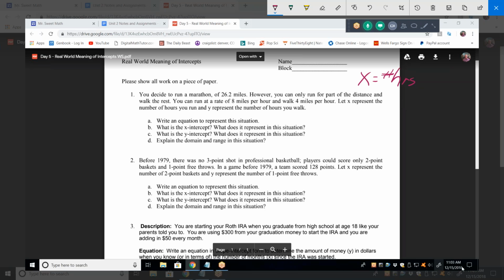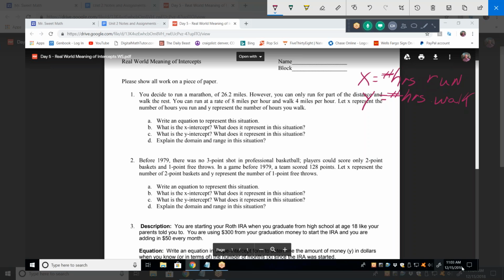X is the number of hours you run, and Y is the number of hours you walk. And the reason I say that is because when you have your movie theater problems, where you're buying popcorn and Coke, the X could be the number of Cokes you buy, or it could be the price of the Coke.